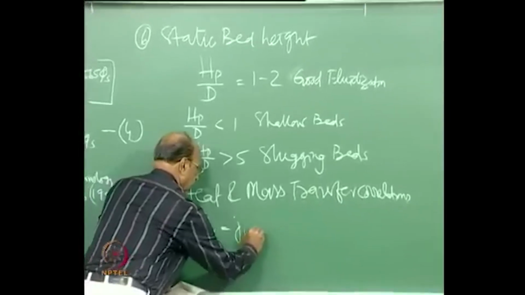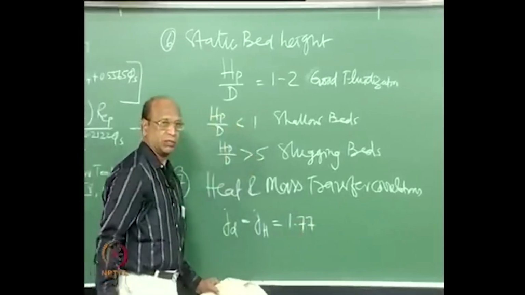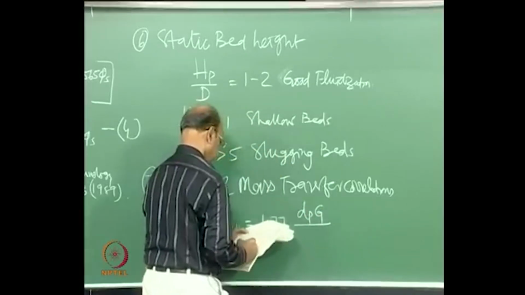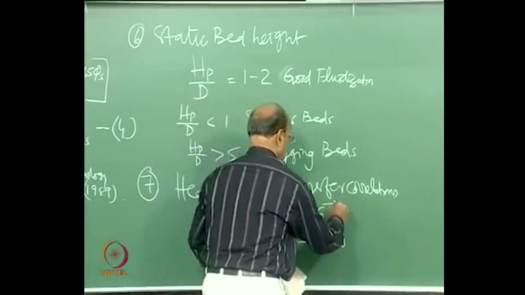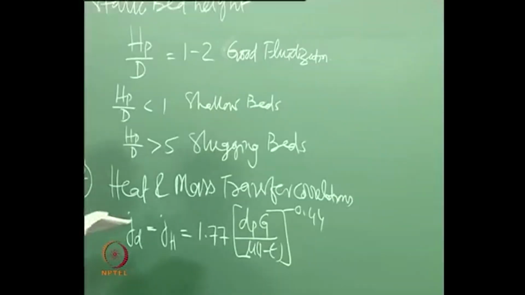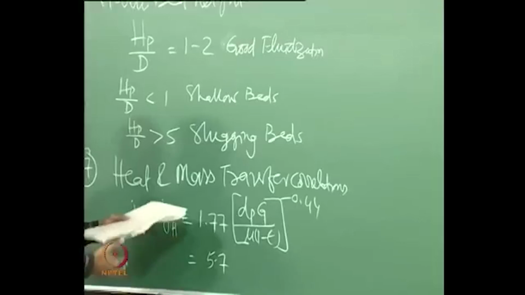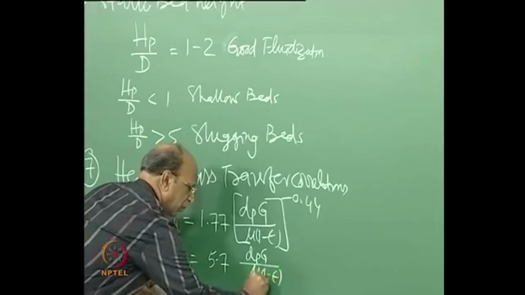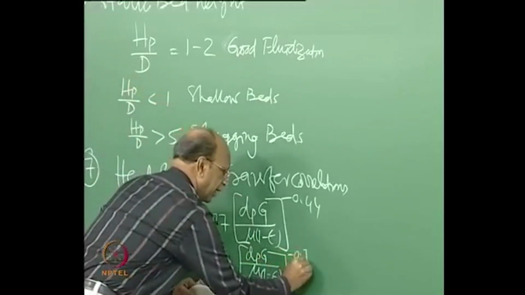J d equal to J h equal to, I think they have given a nice correlation for both. This is d p g by mu into 1 minus epsilon, whole to the power of 0.44. That is 1. This is also equal to 5.7, same number, d p g by mu into 1 minus epsilon, to the power of minus 0.78.